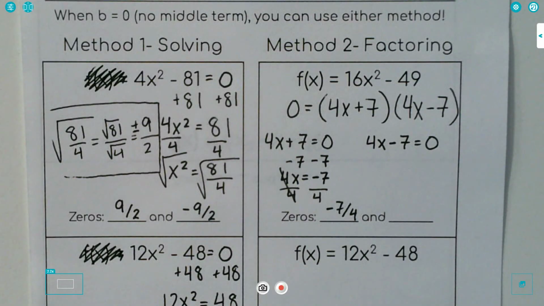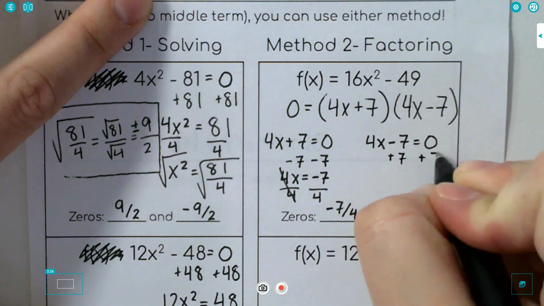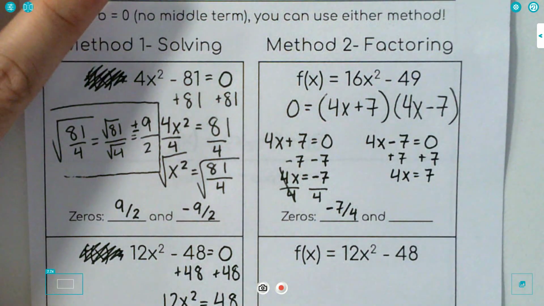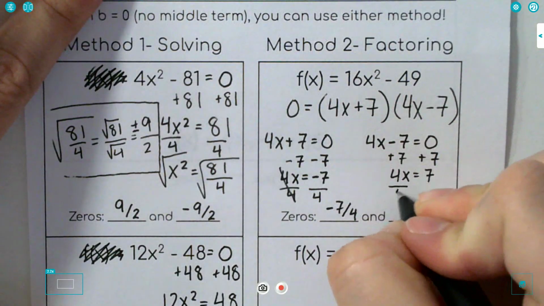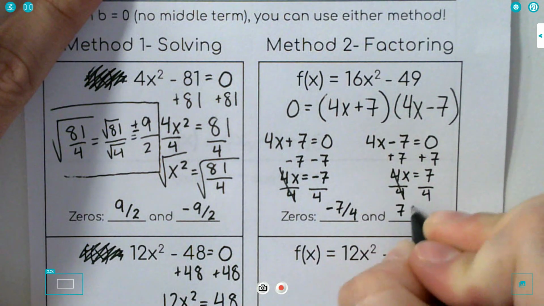For 4x minus 7 equals 0, I would add 7 to both sides. I get 4x equals 7, because 0 plus 7 is 7. I divide by 4. And my other x is positive 7/4.